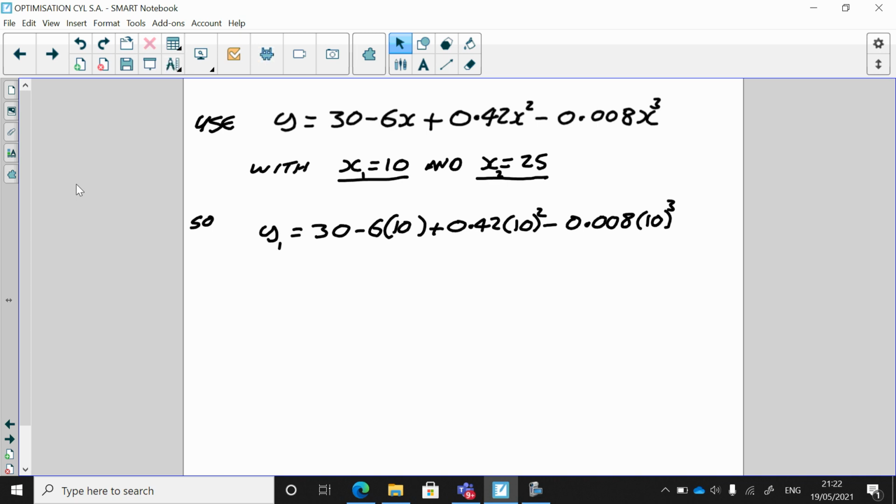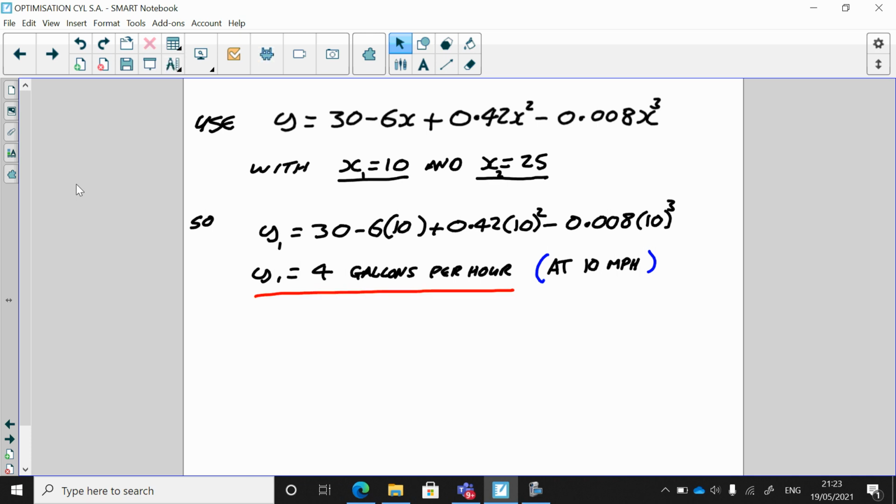So pop that in your calculator, and hopefully you get that there. And it's 4. Put in the units, 4 gallons per hour, but I'm going to specify that was at 10 miles an hour because that was at an x value of 10.